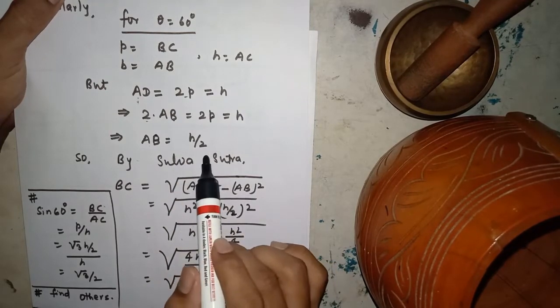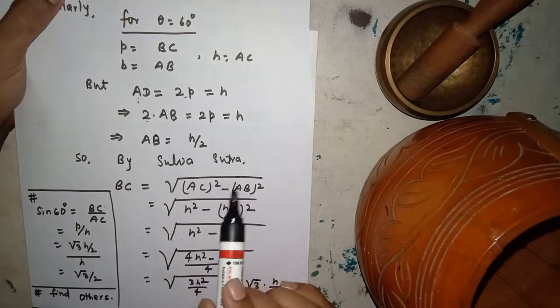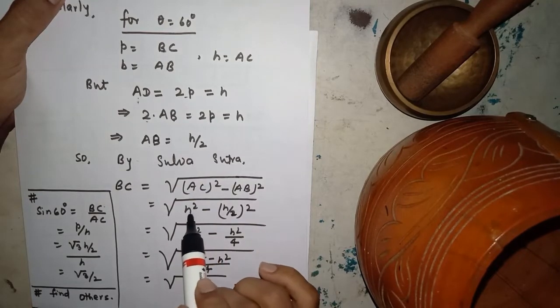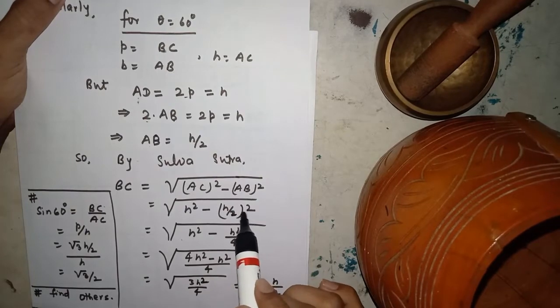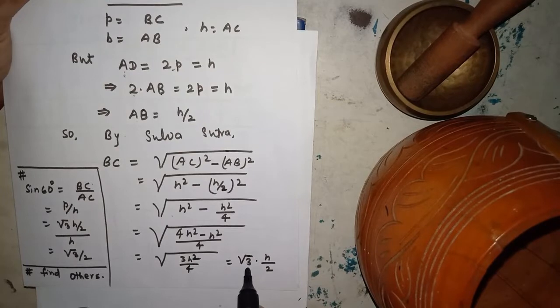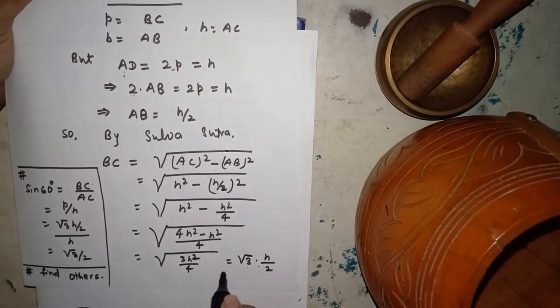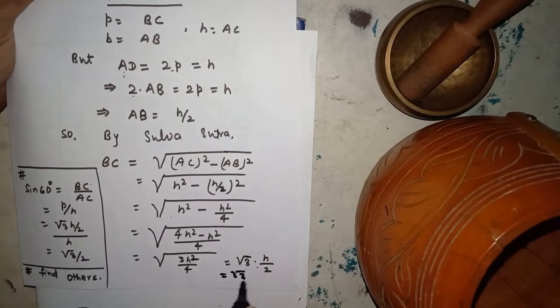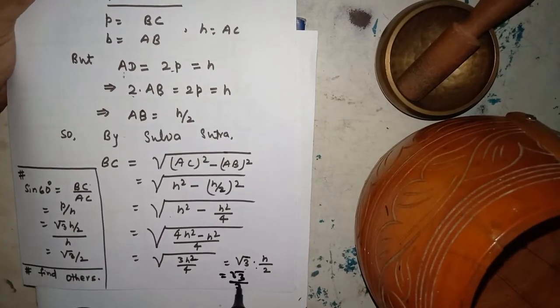We have already got the result for AB, and we know that AC is hypotenuse. So it becomes root under H square minus (H by 2) square. When we solve it, we got the result here, root 3 into H by 2, or you can say root 3 by 2 into H. Are you getting?